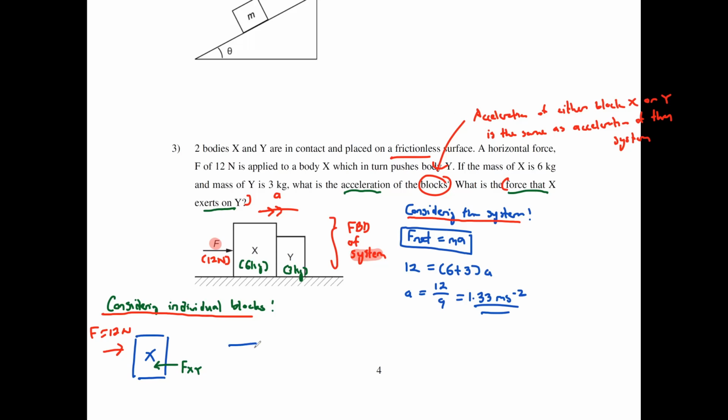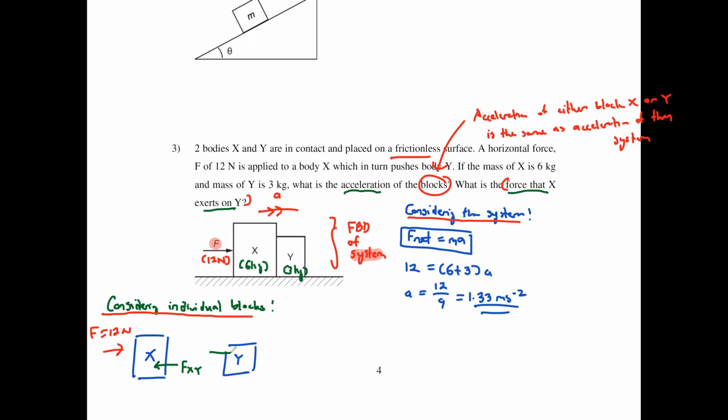When your blocks were being pushed by the 12 Newton force, block X would hit onto block Y, exerting a force of Fxy onto block Y. But recall that Newton's third law tells you that if you exert a force on one object, there will be an equal and opposite force exerted back on the other object. So you will have another force Fxy exerted on block X itself. Let me just redraw this myself for you.